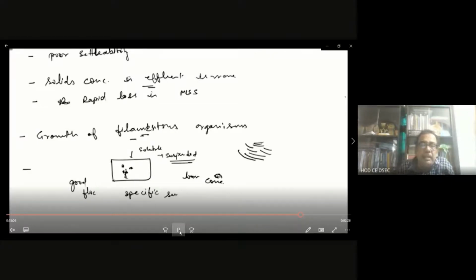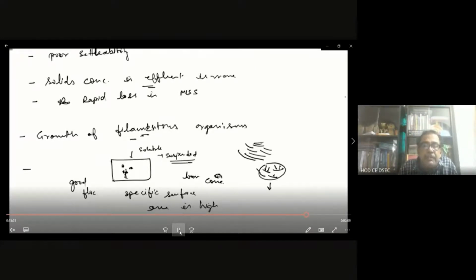So a good flock will not be formed, and it is very difficult to remove the sludge because of this sludge bulking phenomenon, caused by the growth of the filamentous bacteria.